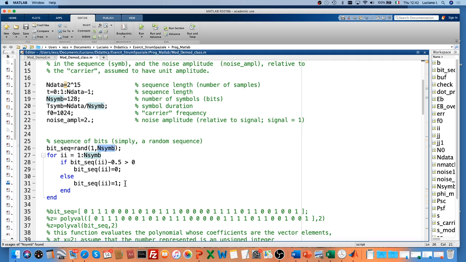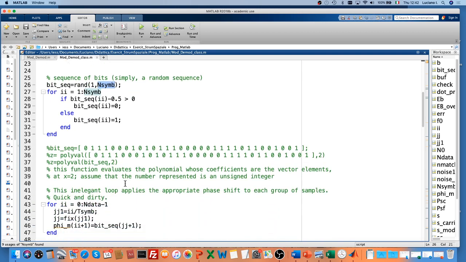So it's a way to procure a random sequence of zeros and ones. There are other methods using the function polyval that you may take a look at. It's another way, but in that case, I have a fixed sequence of zeros and ones. Here I have a random sequence of zeros and ones, so every time I run the code, I have a different sequence.